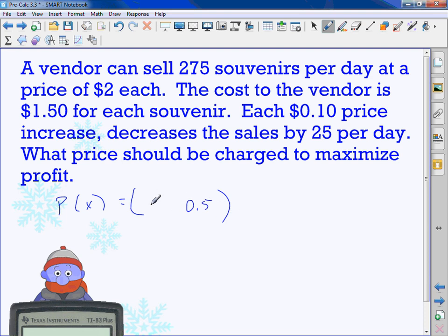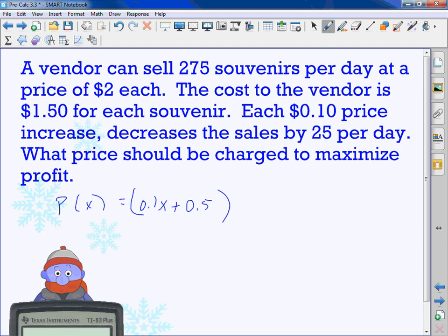Now what's happening here? Well, what's going to happen with my price increase? We're just talking about money. You're going to gain 10 cents every increase, right? So it's 0.1x.